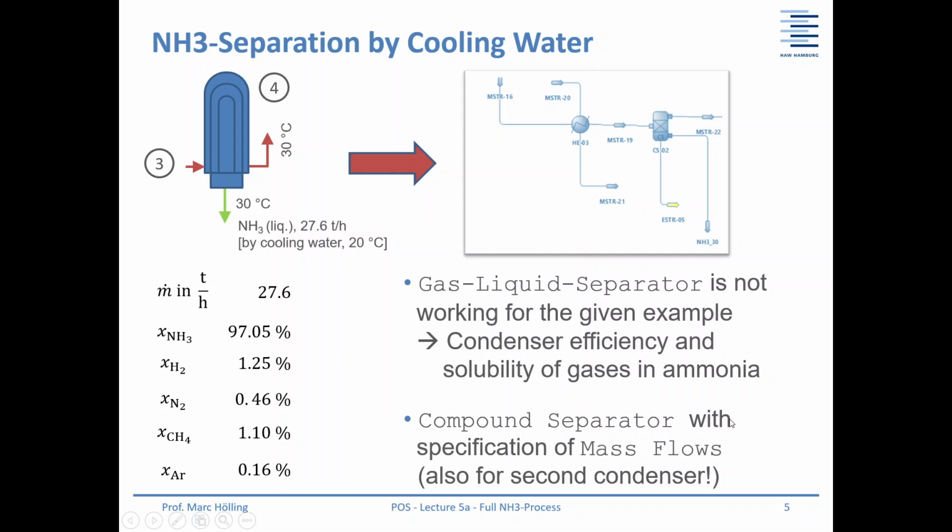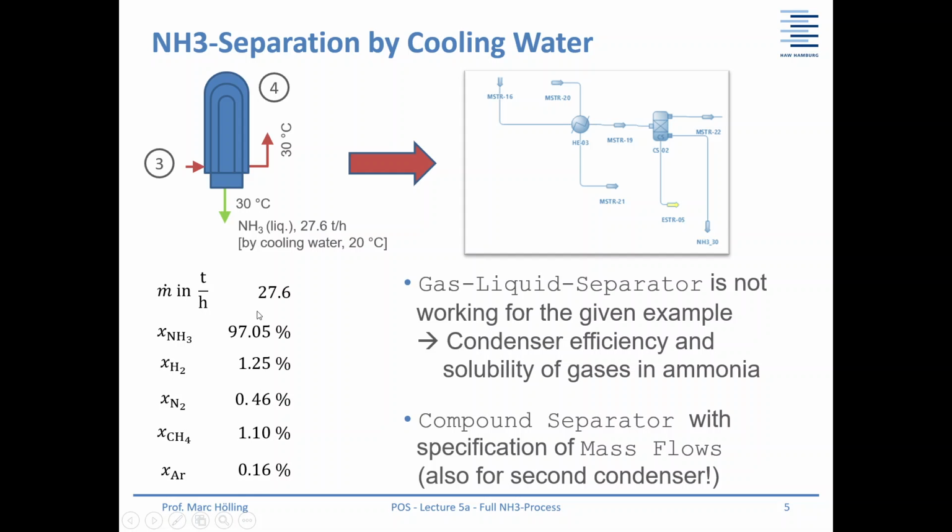And what I did for my simulation is that I specified the mass flows. This means, okay, I want to remove in total 27.6 tons per hour, and it should be mainly ammonia. Then you can say, okay, let's play around with the mass flow of ammonia, and then with the mass flow of hydrogen, and so on. And then you should end up with a composition of your ammonia removal here, the ammonia taken from the process, that is somewhere in the range like this.